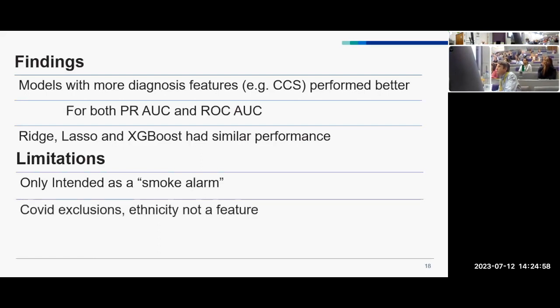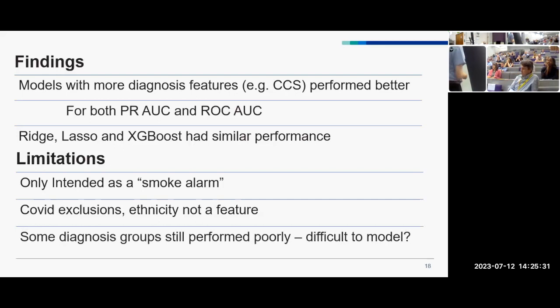As I mentioned before, there are some pretty significant exclusions like COVID exclusions, but also you have the selection bias introduced by the fact that it only covered a 3-year period around COVID, only in hospitals in England. So it may not apply across the whole of the United Kingdom or the whole world. I thought about this quite a lot with the SHMI team, but ethnicity wasn't included, nor was deprivation. So it's got some limitations.